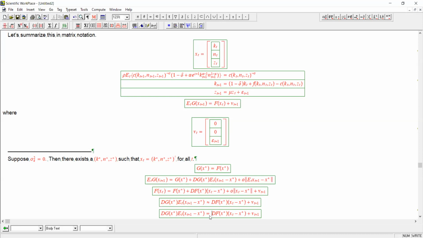And we're going to introduce a new random variable w, which equals v, so this vector 0, 0, epsilon, plus any uncertainty here that's associated with the value of xt plus 1. In other words, we're going to remove this expectation here and say that any uncertainty here is just soaked up by this random variable w.